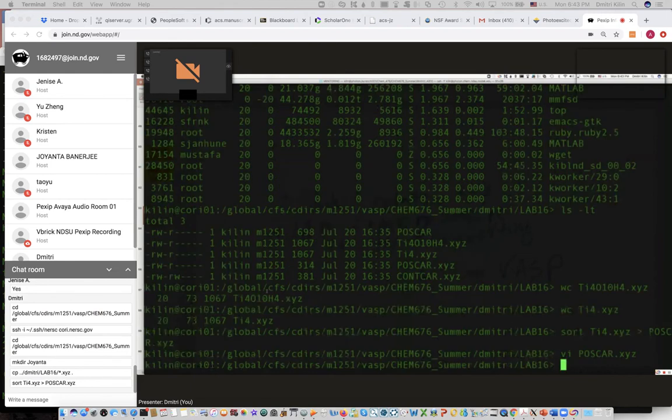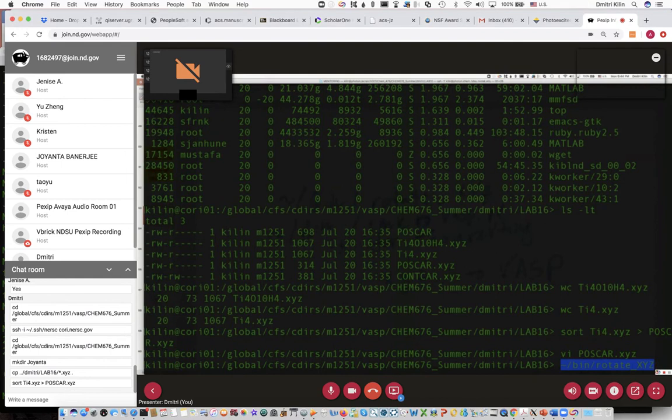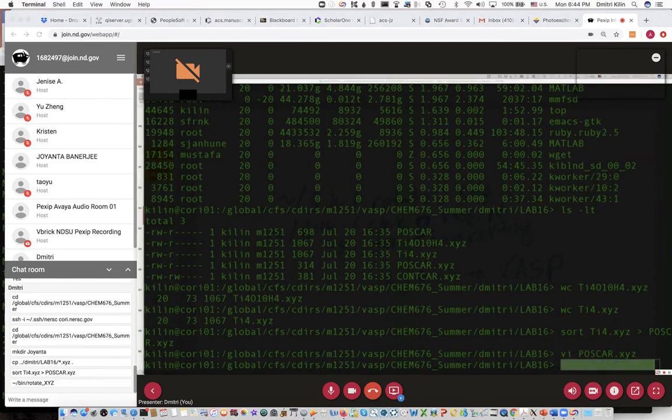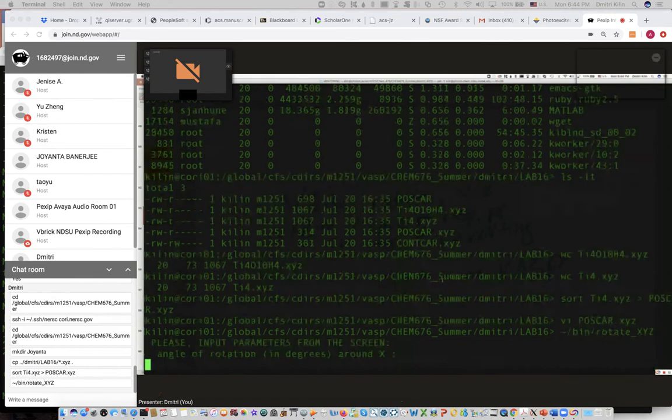Then the next step is bin rotate XYZ. And after this command, I hit enter, and then I hit 0 enter 3 times. 0 enter, 0 enter, 0 enter.